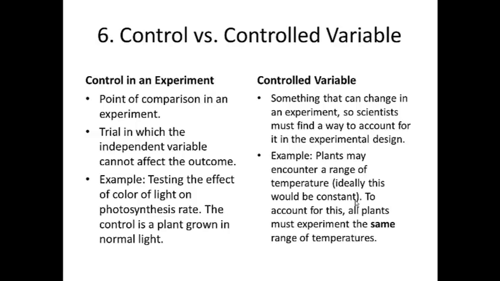So to account for this, I would make sure that all of my plants experience the same range of temperatures. So if my plants are in a room where the temperature varies by 15 degrees Fahrenheit, I would want to make sure that all of my plants encountered that same temperature range. Otherwise, I wouldn't know that the only reason plant A grew faster was because of the color of light. It might be because plant A was colder than the other plants, so it didn't photosynthesize as quickly.